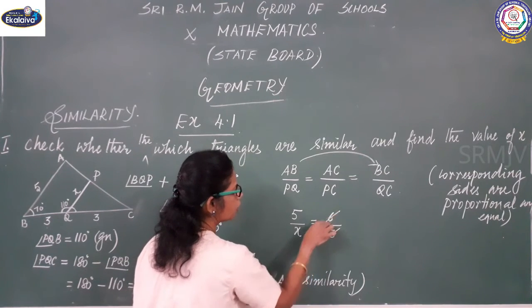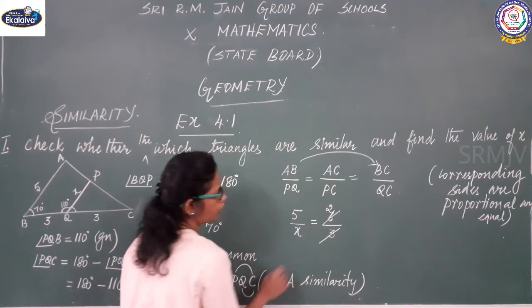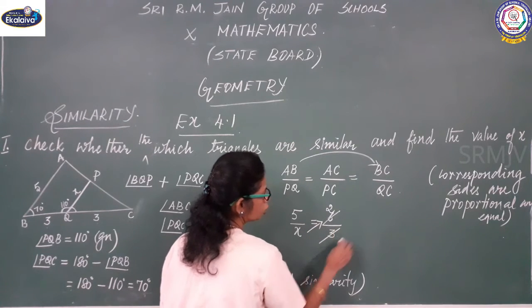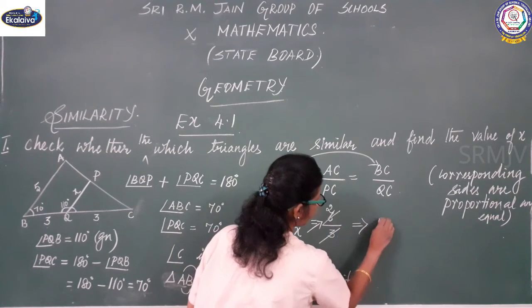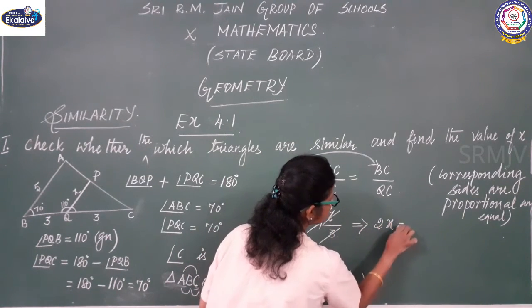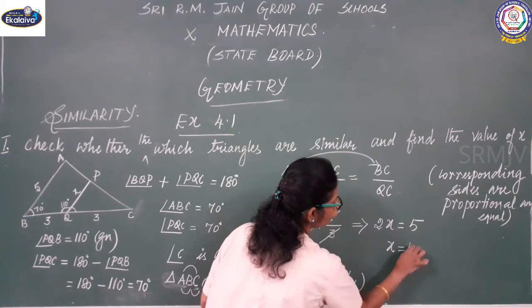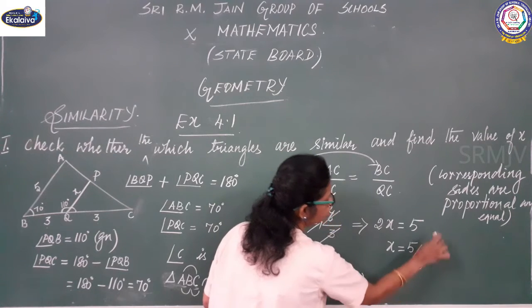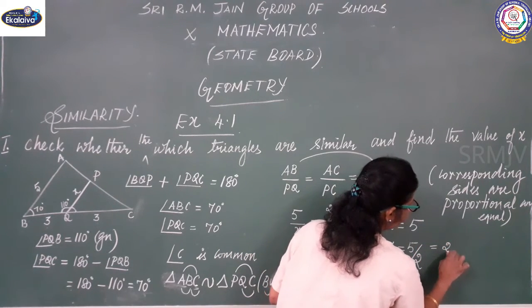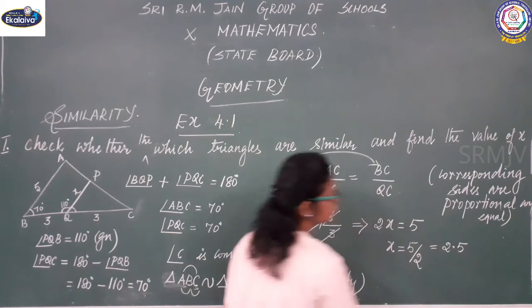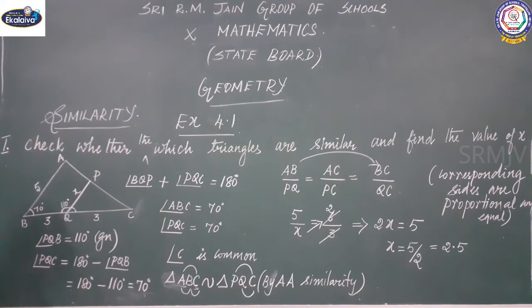Then 3 ones are, 3 twos are. You have to cross multiply, which implies 2x equals 5. X is equal to 5 by 2, which is equal to 2.5.